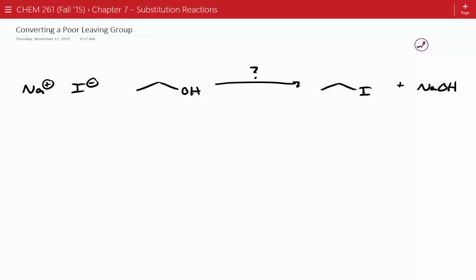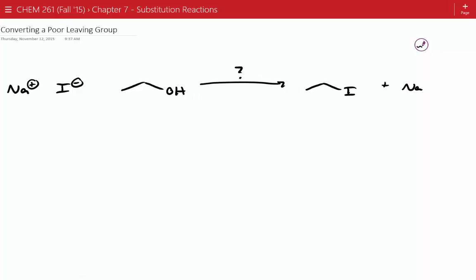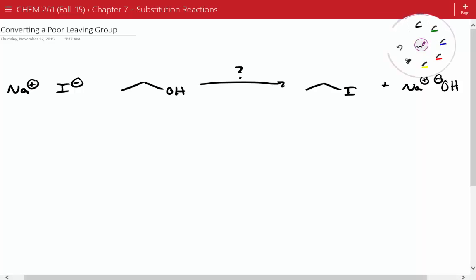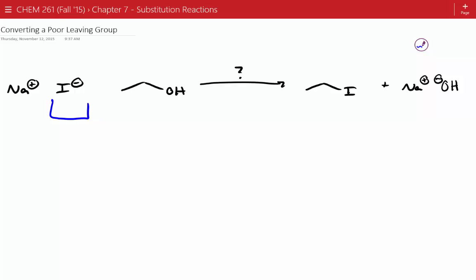Will this reaction work? Yes. Let's take a look again. So I'm going to actually change this into an ion pair. Let's compare our nucleophile to our leaving group. So we've got our nucleophile, which is iodide, and our leaving group, which is hydroxide.